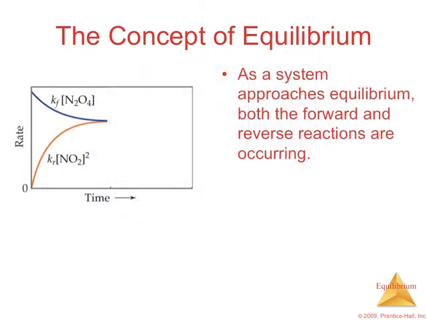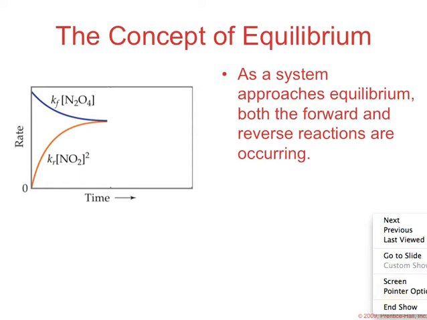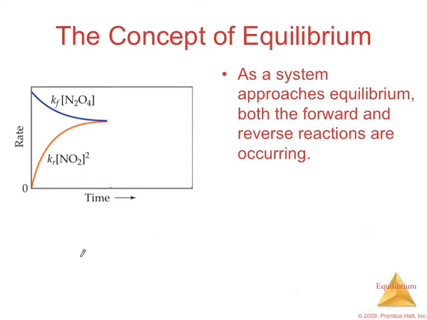So, if we look at this graph, I've got rate on the y-axis and time on the x-axis. If you remember, the equation that we're working with is the dinitrogen tetroxide gas forming 2 moles of the nitrogen dioxide gas.